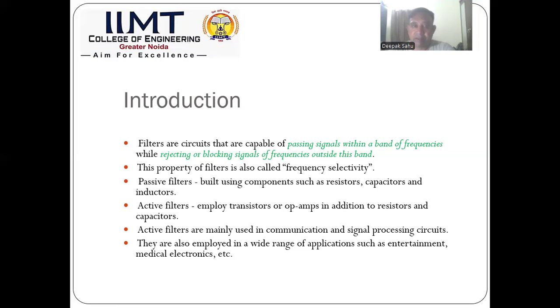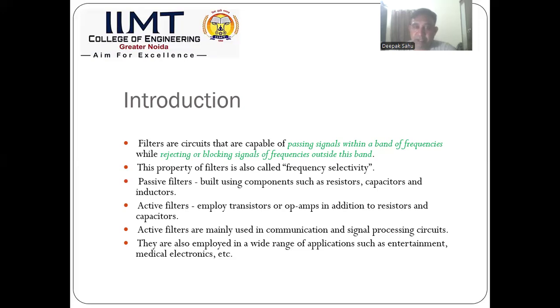Now, earlier there were passive filters in which filtering capability was present, but every electronic circuit is a part of a universal system in which there is an input and an output, and we all know that very few systems, or ideally no practical system, shows 100% efficiency, which means output signal strength will be more or less than the input signal.